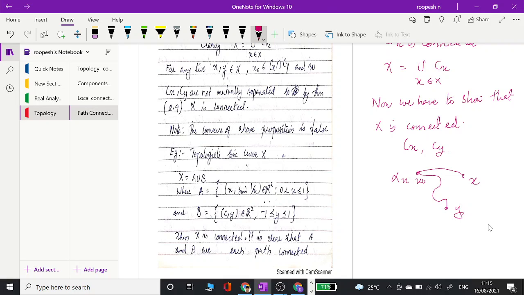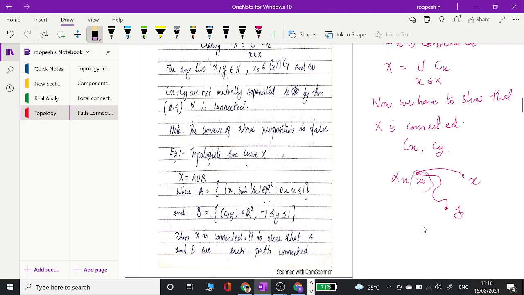Of course, what should it be? It should be alpha of x naught, right? Sorry, it's not the other way, right? It is x naught, not alpha of x naught, it is x naught. Okay. Now this Cx and Cy are non-empty, right?